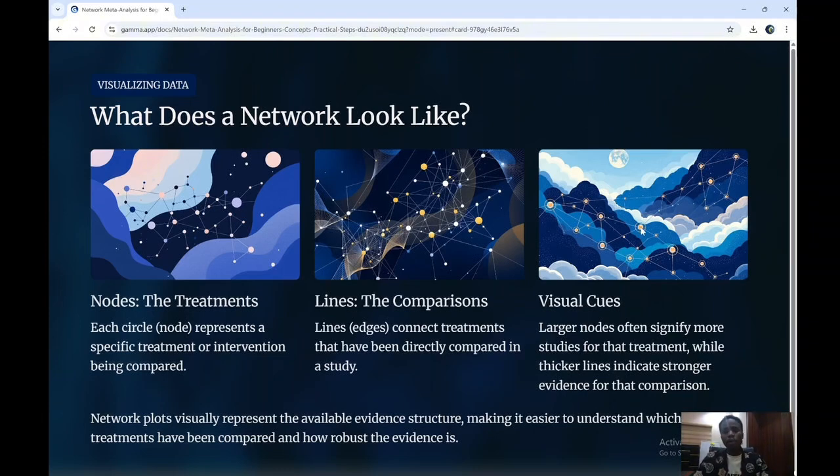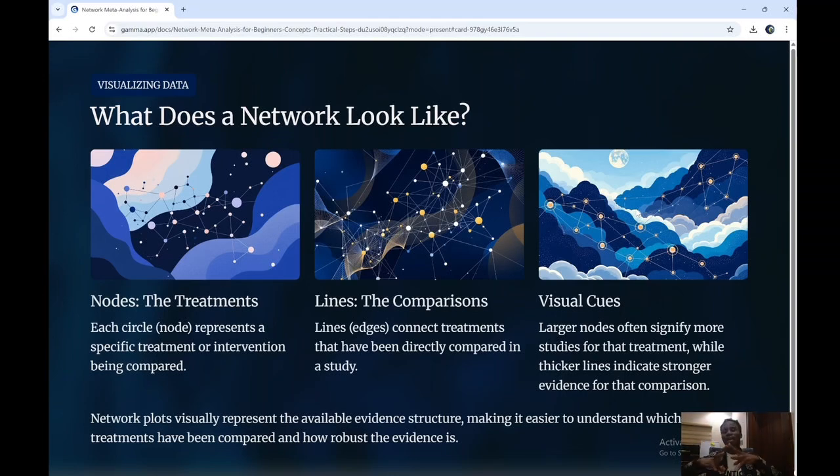Essentially, what this means is that when we are inferring this into network meta-analysis that has several interventions connecting to several nodes, larger nodes will often signify more studies for that particular treatment. Do you understand? Now, why are there thicker lines? We can interpret them as similar to confidence intervals whenever we're doing direct comparisons of two studies.